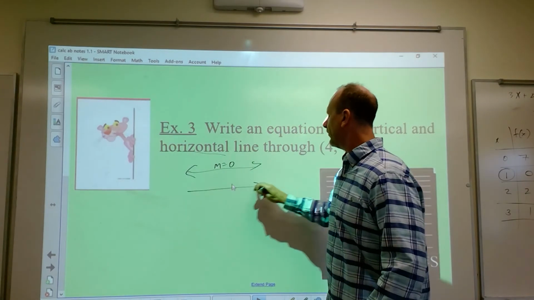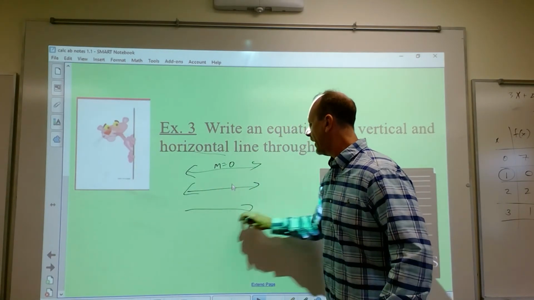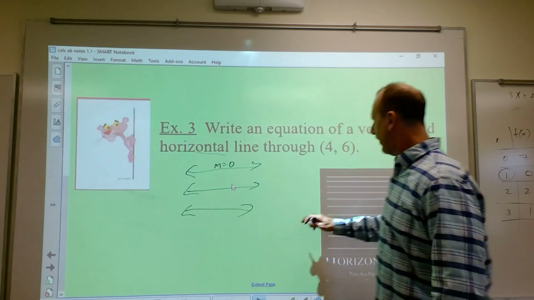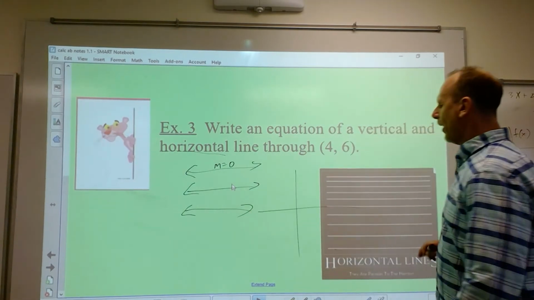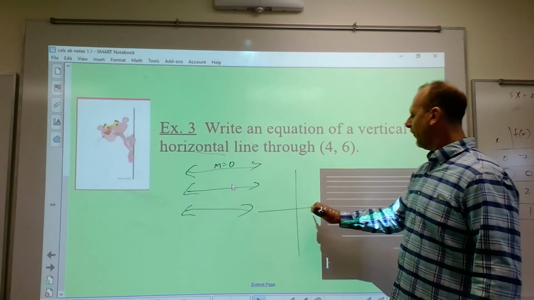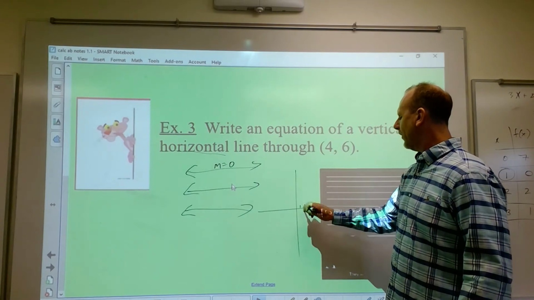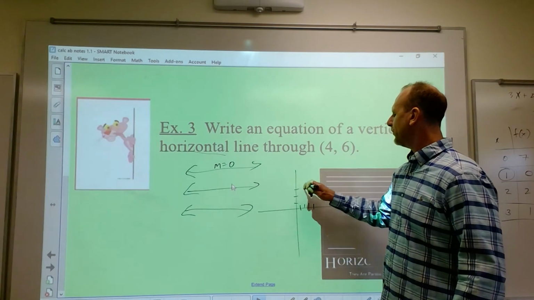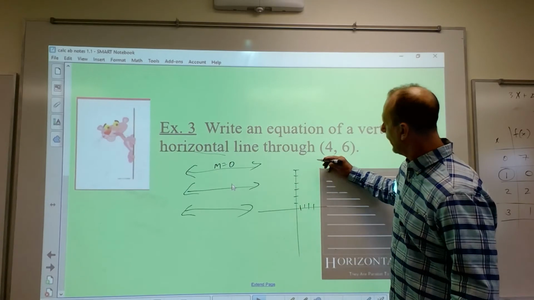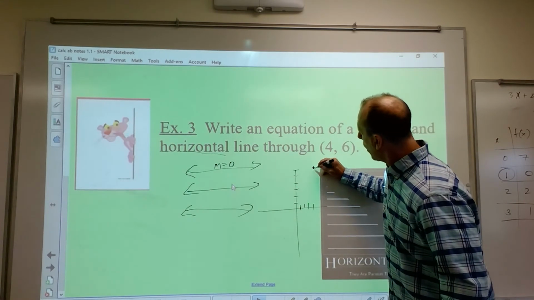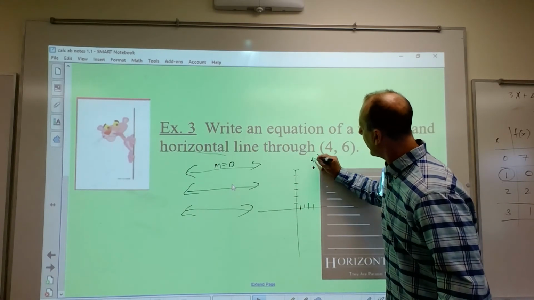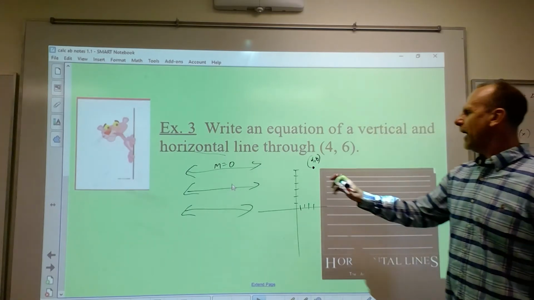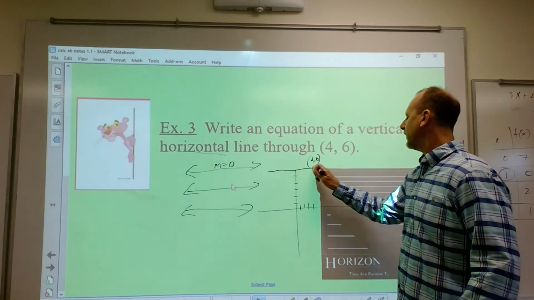These are all horizontal lines. Now, if I draw an x, y, and I go over 4, up 1, 2, 3, 4, 5, 6. Boom. There's 4, 6. Okay, horizontal line right here.